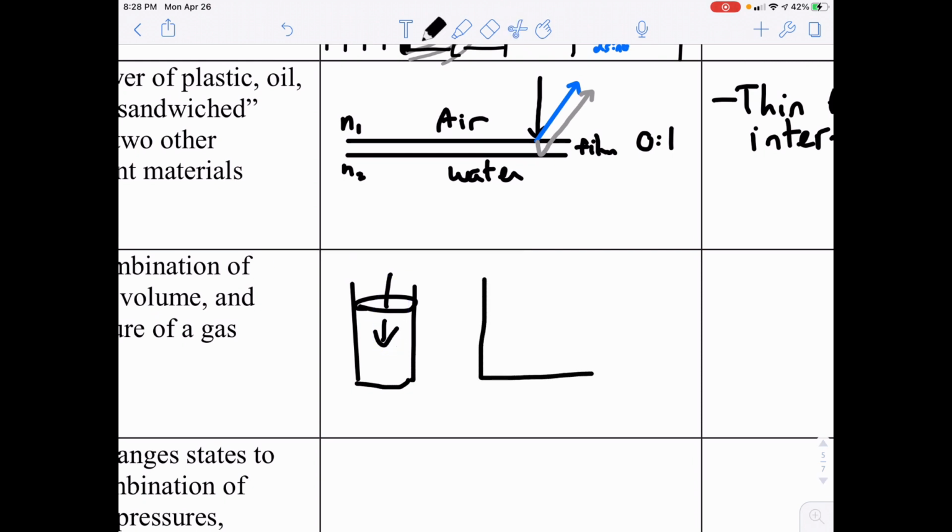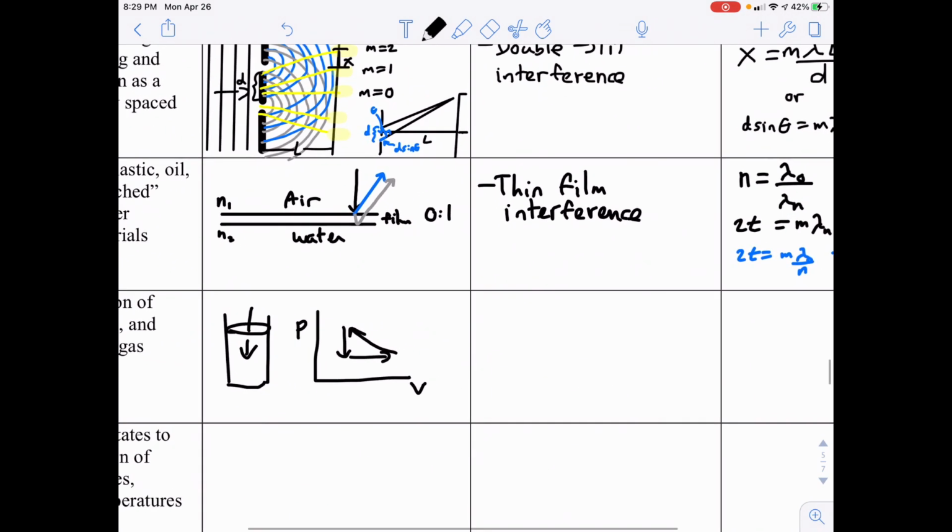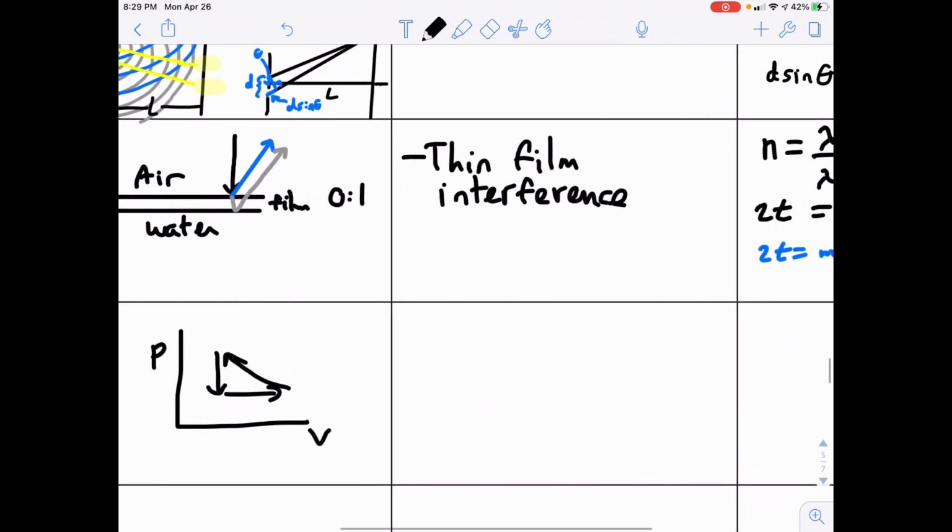Or you could be given what's known as a pressure volume diagram, where the pressure and the volume are changing at different points, and the temperature can be related at the vertices of these particular changes of state. Now this is known as ideal gas law and PV diagrams, pressure volume diagrams.